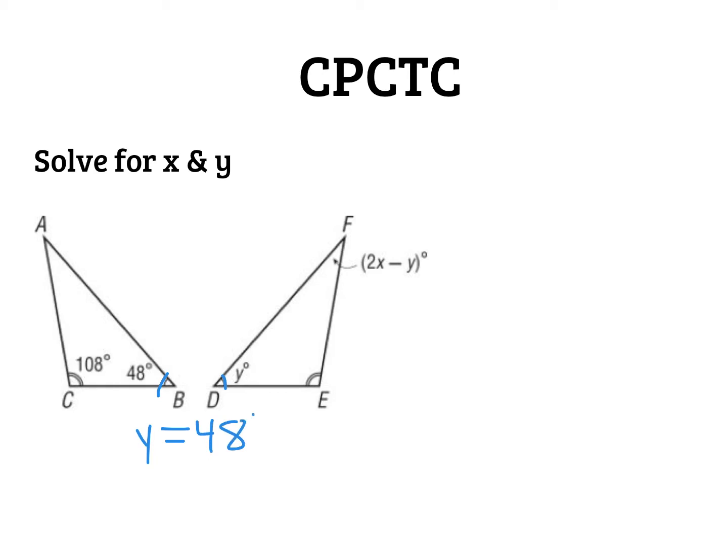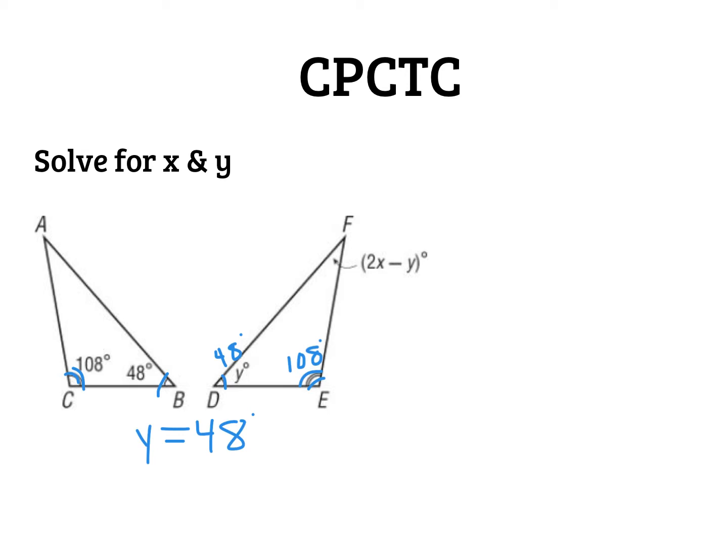Okay, now similarly, because here we have two arches, these would be equal to each other, 108 degrees. Now this piece is 48, and the other side is 108.